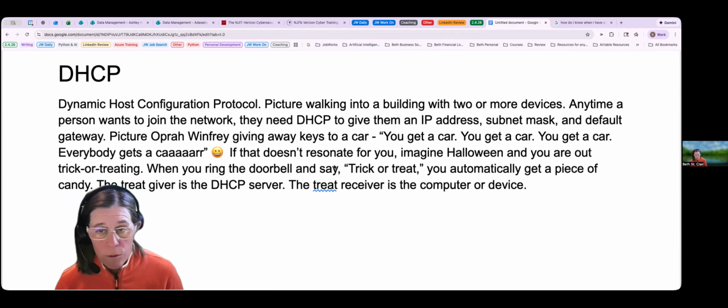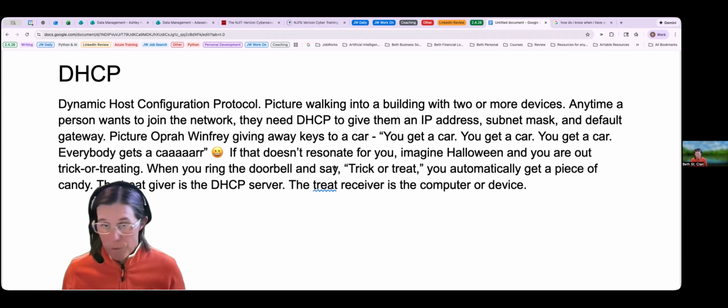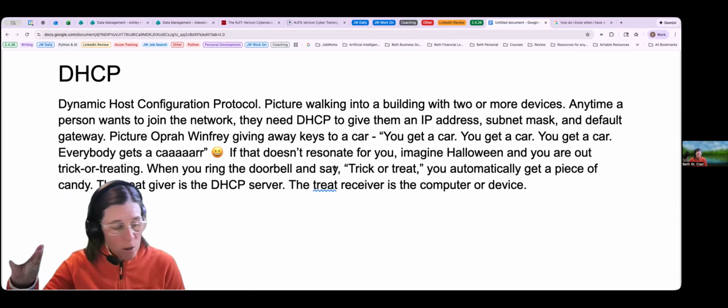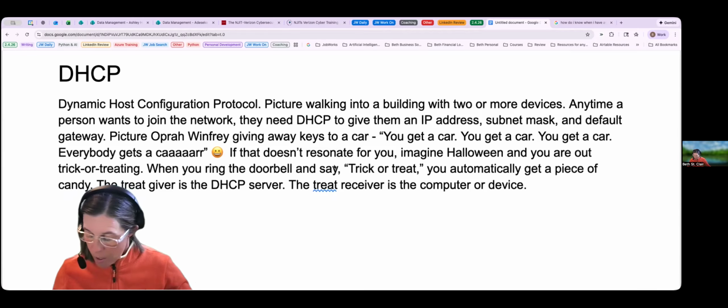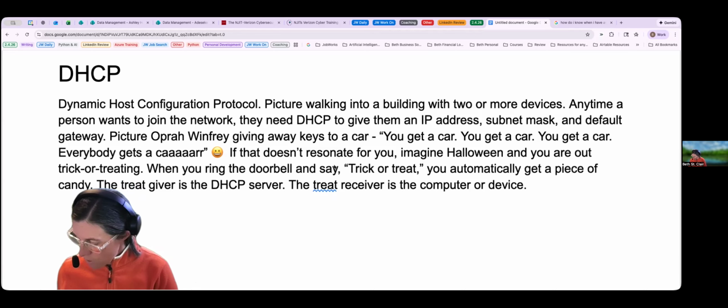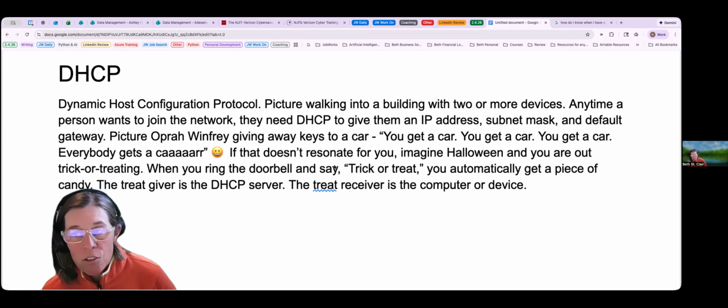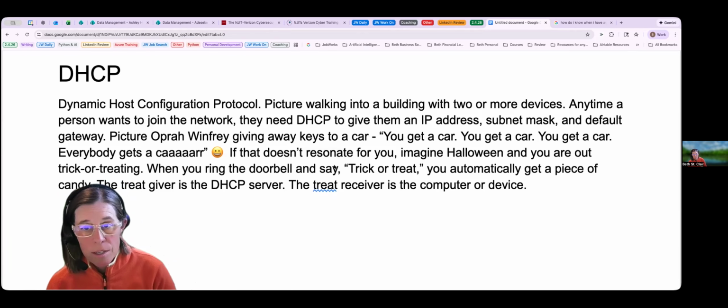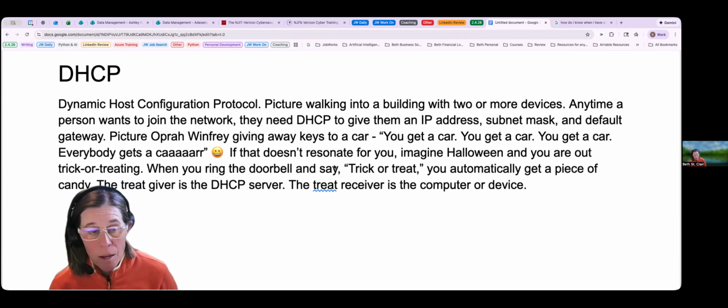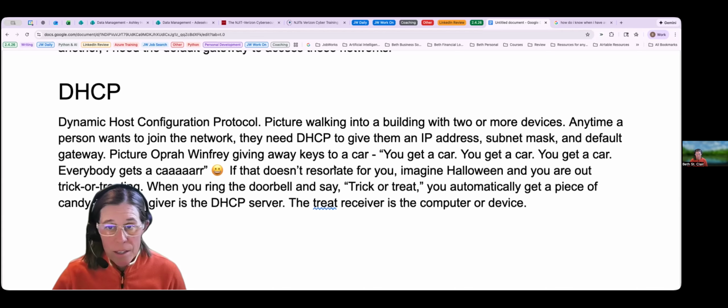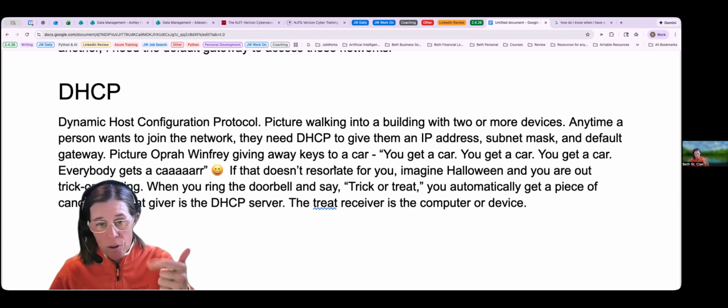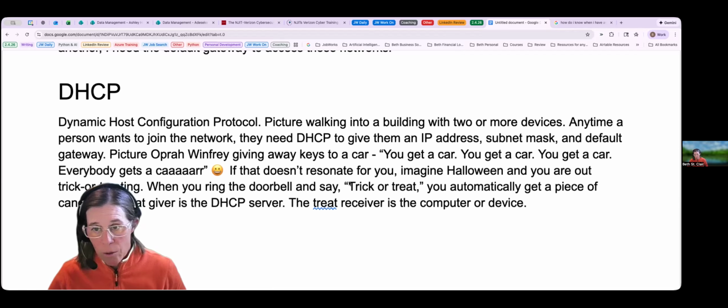So if I go over to someone's house, let's say I've got my phone, and I've got a laptop. If I take those two devices over to their network, as soon as I enter their network, the DHCP service is going to give me an IP address, a subnet mask, and a default gateway. I need all three to get on the internet. IP address, subnet mask, default gateway.